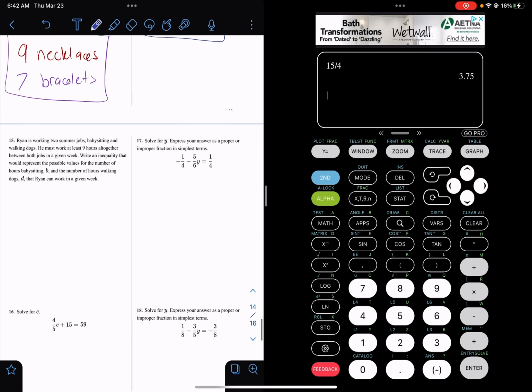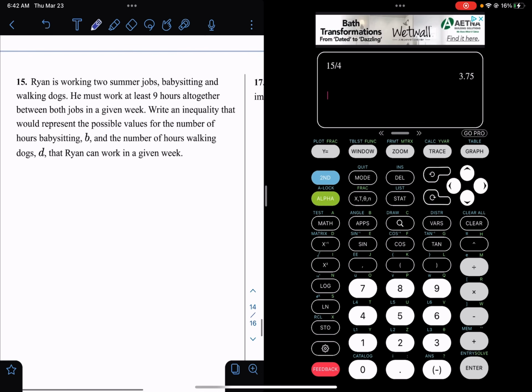All right. Let's see. It looks like we got one more inequality to go through. So it says Ryan is working 2 summer jobs, babysitting and walking dogs. He must work at least 9 hours altogether between both jobs in a given week. Write an inequality that would represent the possible values for the number of hours babysitting and the number of hours walking dogs that he can work in a given week.